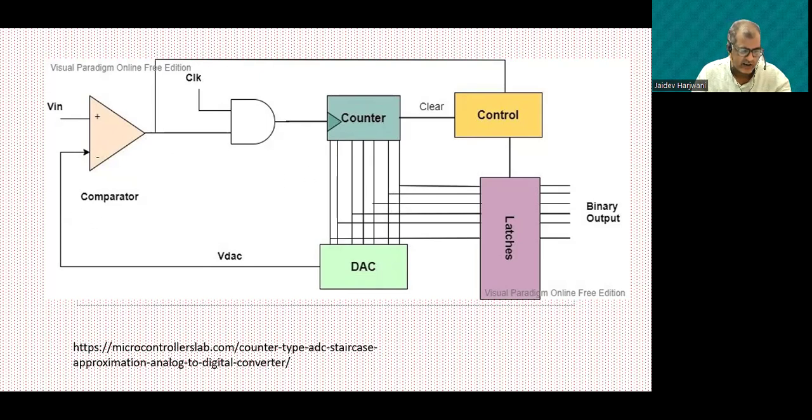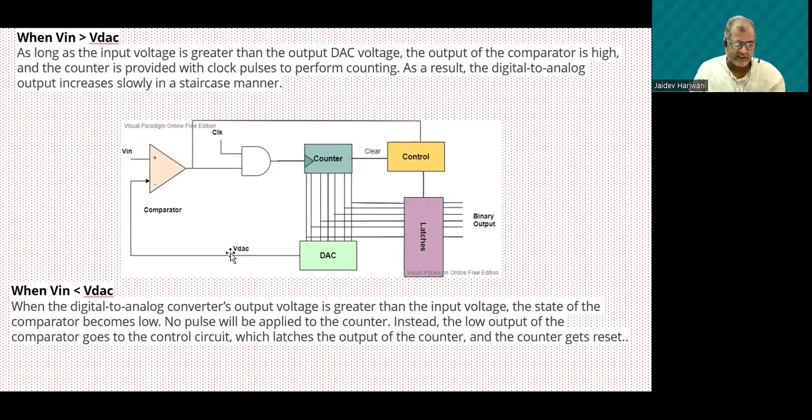Let us understand this. Whenever V input is higher than the output of the D to A converter, the comparator is high and the counter can count pulses.